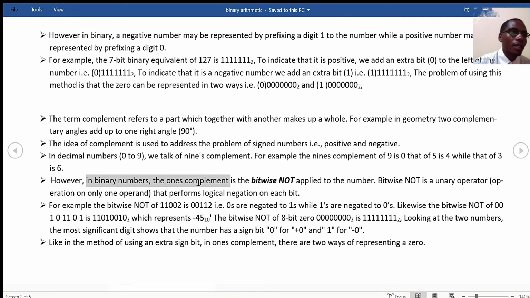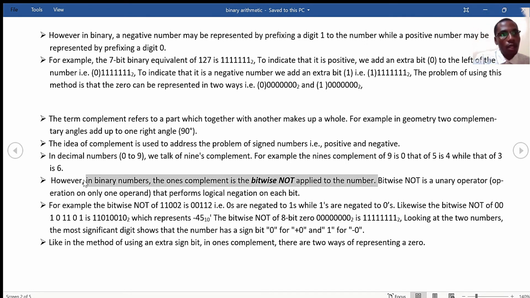However, in binary numbers, the 1's complement is the bitwise not applied to the number. So what does that mean?